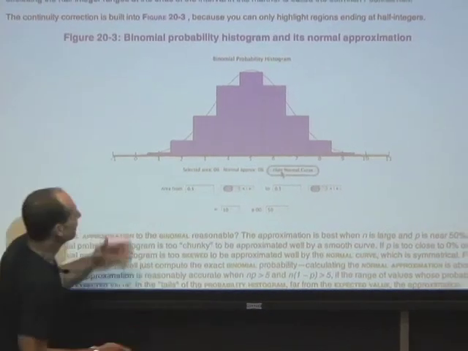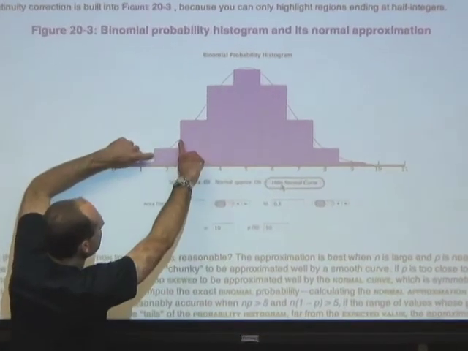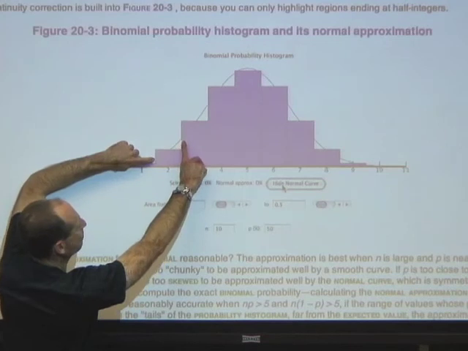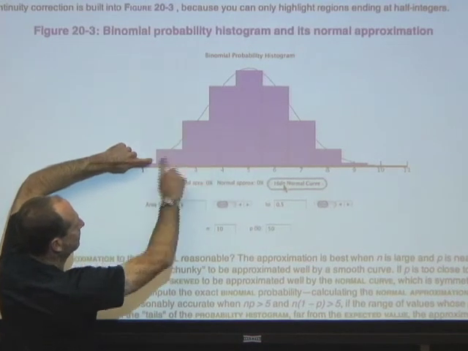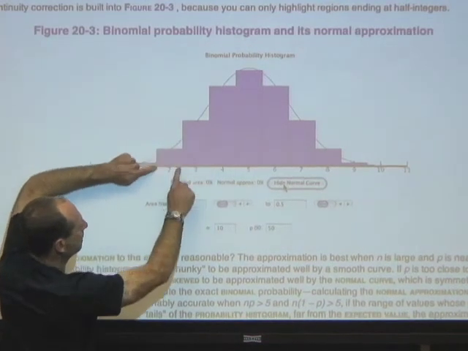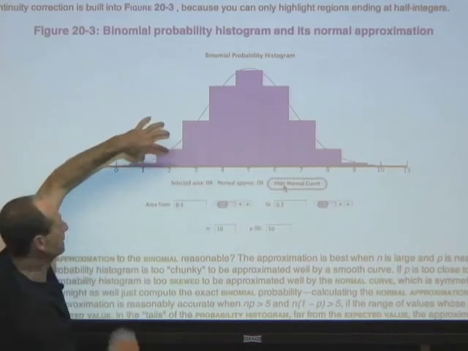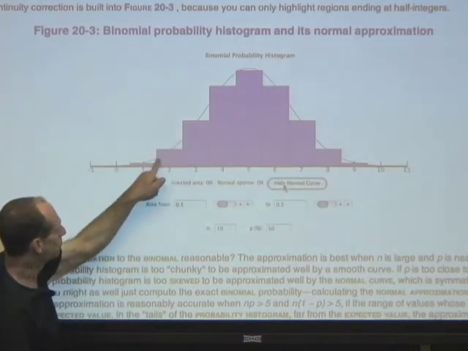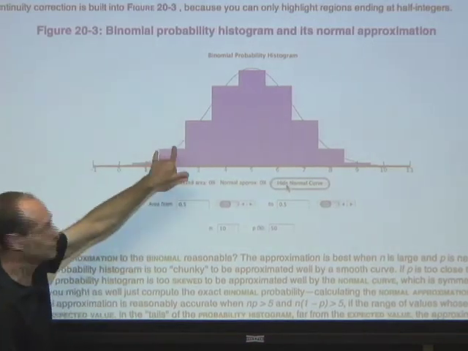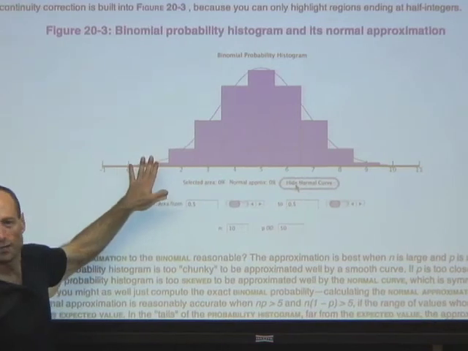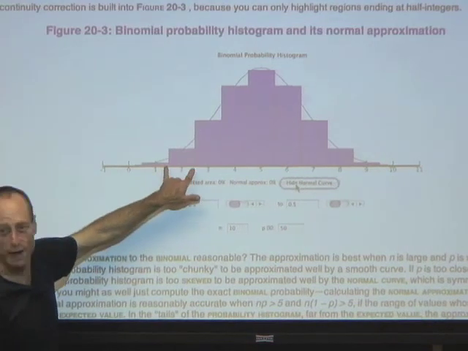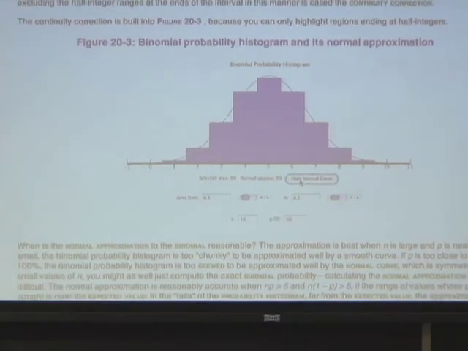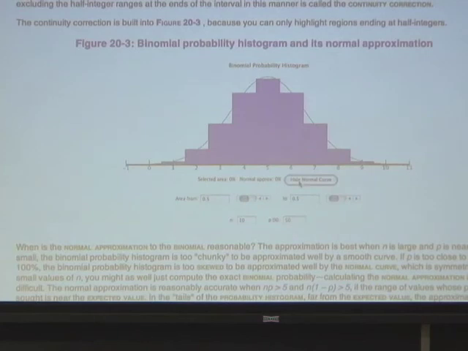Okay, so the claim is that the area under this curve between 1.5 and 2.5 is about the same as the area of this rectangle between 1.5 and 2.5. So here it's a little too low, there it's a little too high. Those things almost balance, so you get about the right area if you go from a half integer to a half integer.